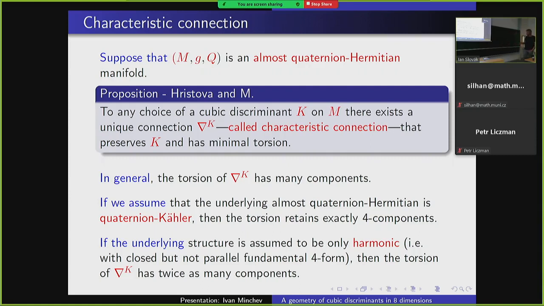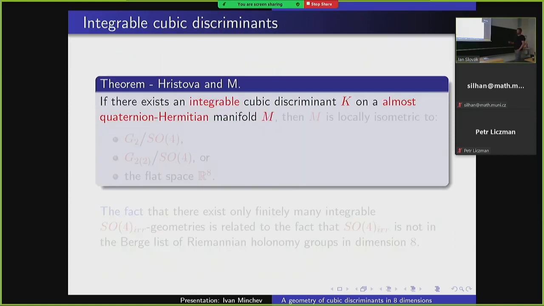What I want to say is what the integrable geometries are, that is, the geometries where the torsion of this connection actually vanishes. And this is probably not very surprising.